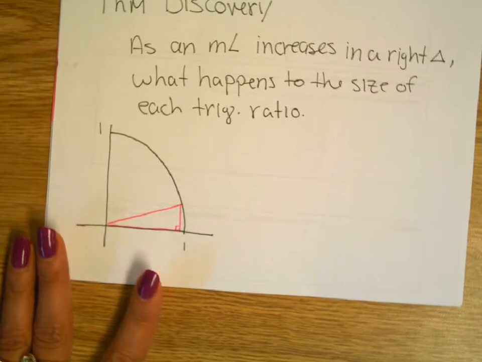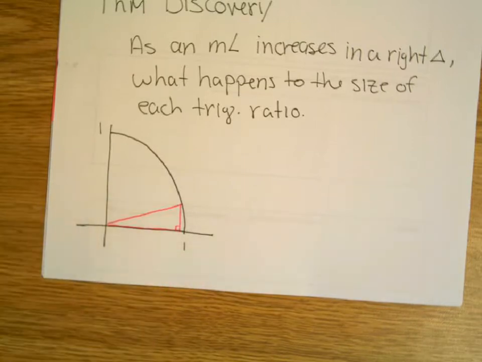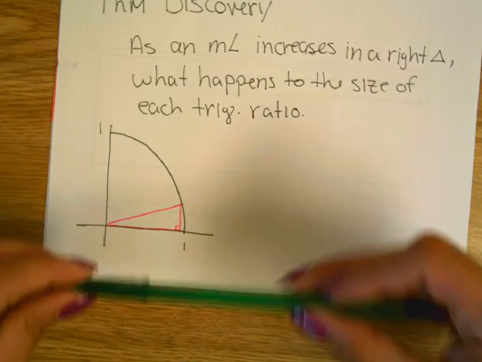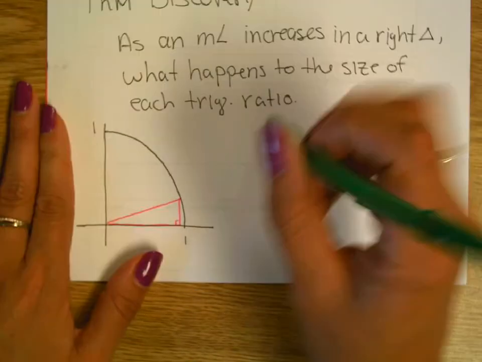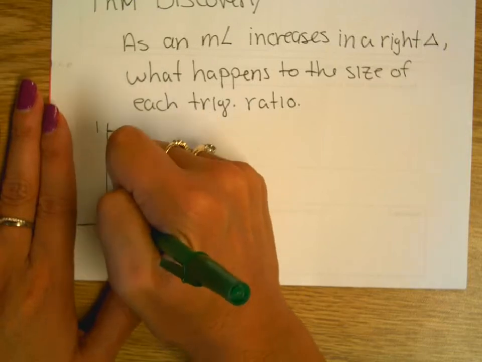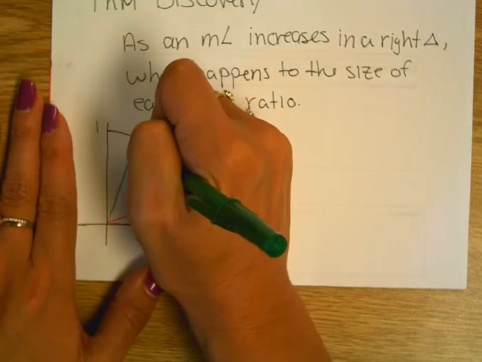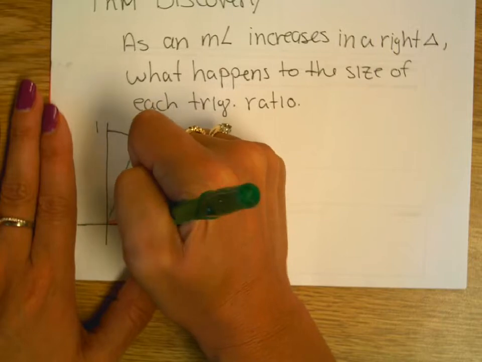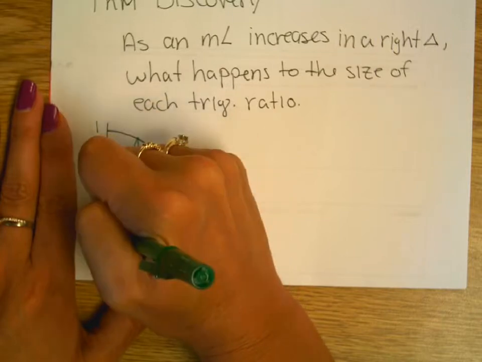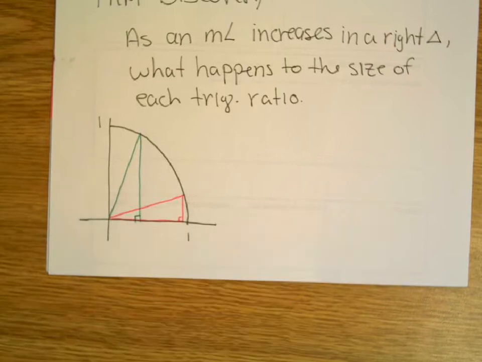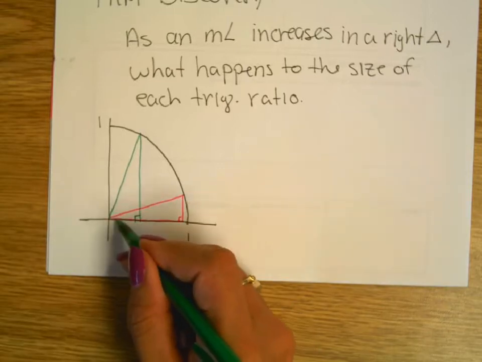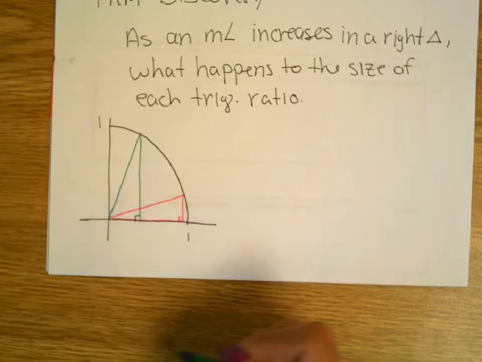Then I'm going to increase that angle. So I'm going to take that hypotenuse, increase the angle by making it go up. So I make a new right triangle. So the pink angle has a small angle, the green one's got a much bigger angle.